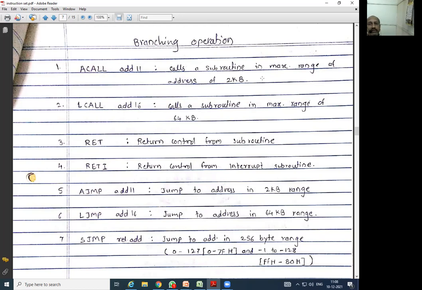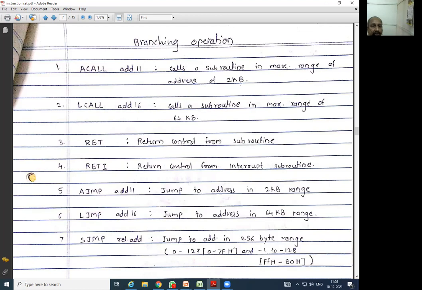If you see the explanation for this, it calls a subroutine in a maximum address range of 2 KB. That is the limitation of this one. Whatever the routines are, they have to be written within this 2 kilobyte address memory. Why 2 KB?